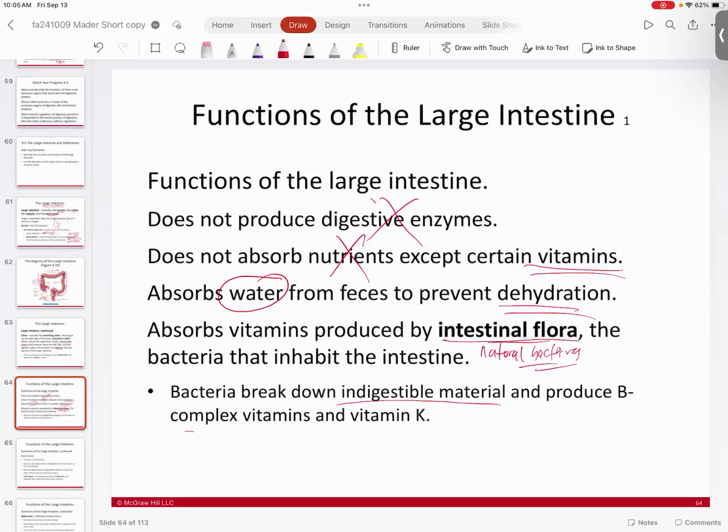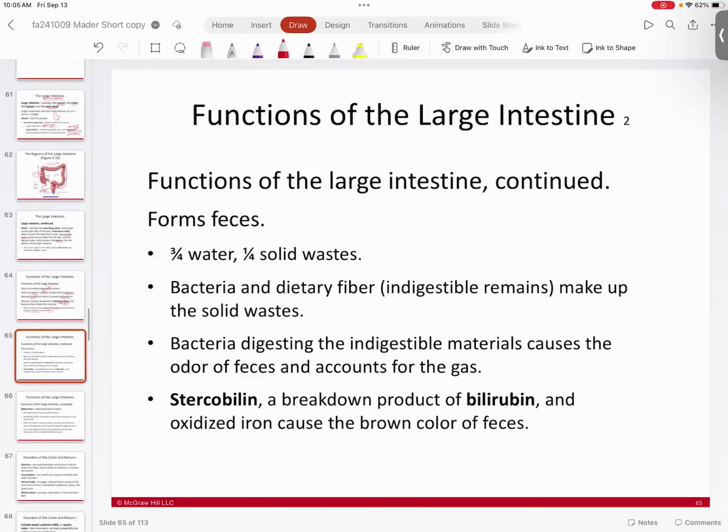They'll produce some of the B complex vitamins, vitamin K, for instance. So these guys will help us and we'll be able to absorb those vitamins. So largely the function is water absorption and vitamin absorption. And when we take a look at the feces, it's typically about 3/4 water, 1/4 solid waste.